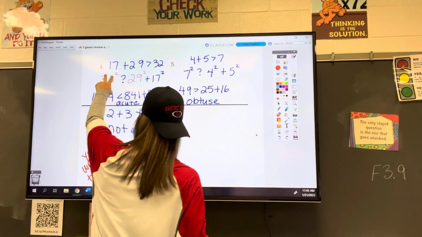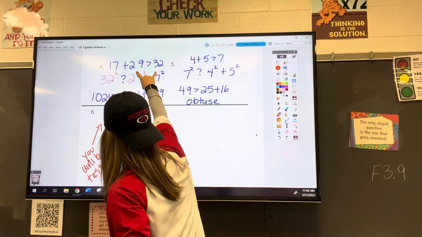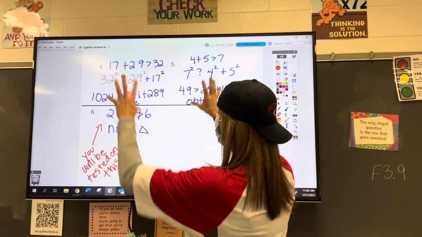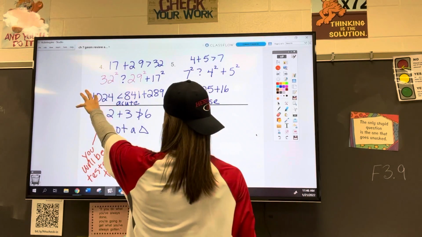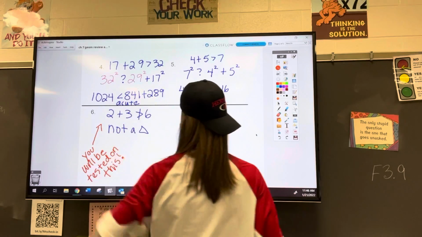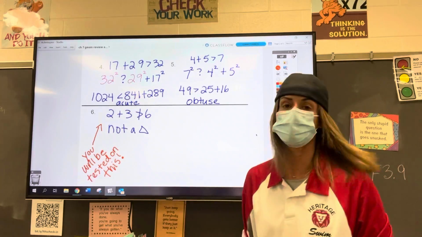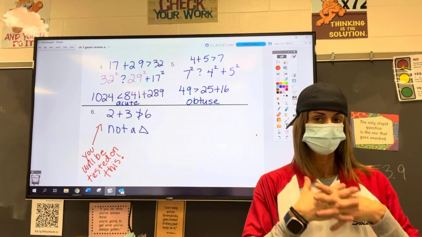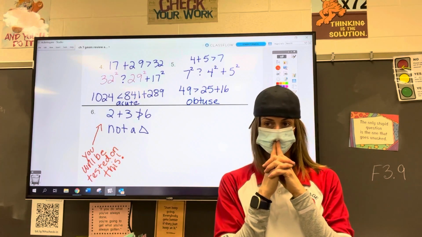So take out our calculator. What's c squared? What's a squared plus b squared? And then we compare them. In this case, c squared is less than a squared plus b squared. So that's an acute triangle. Good?